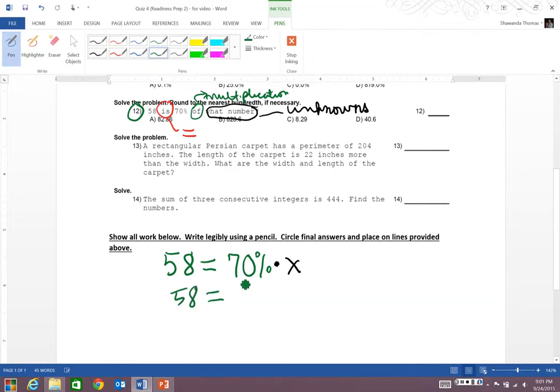If we change this to a decimal, we drop the percent sign, move the decimal over, 0.70x. Now we solve for x by dividing both sides by 0.70.